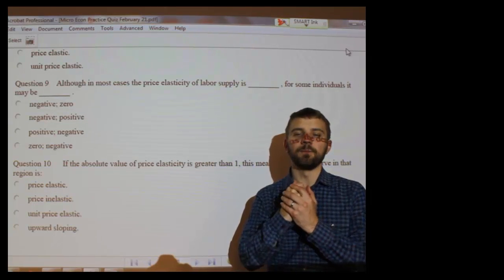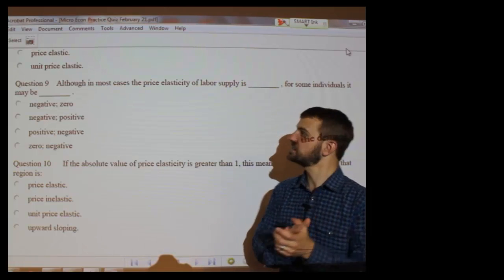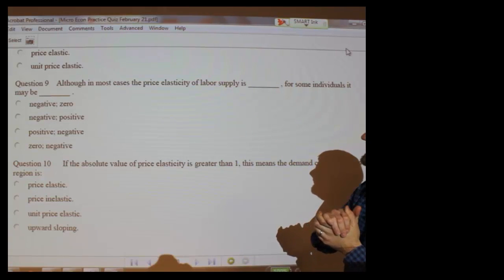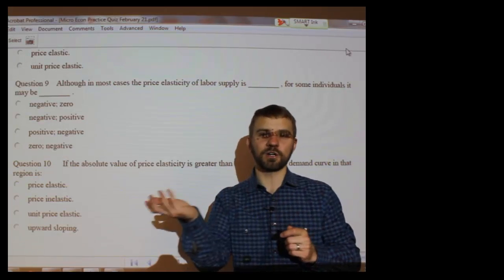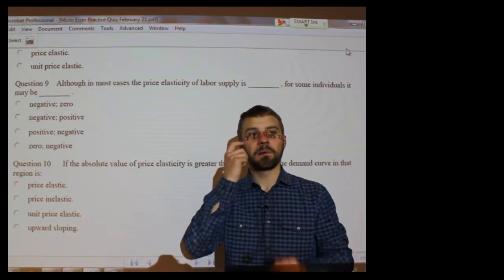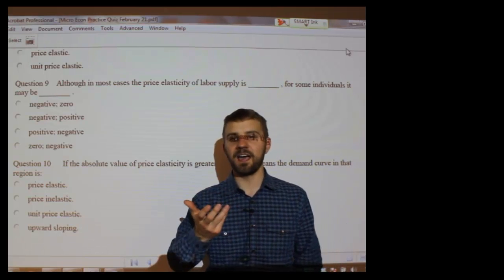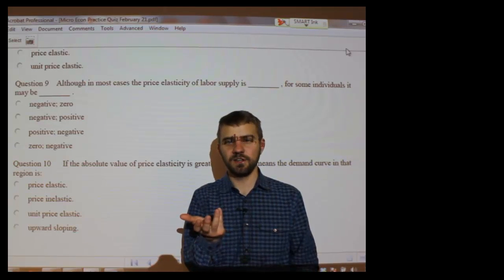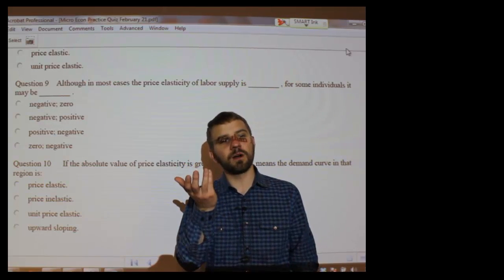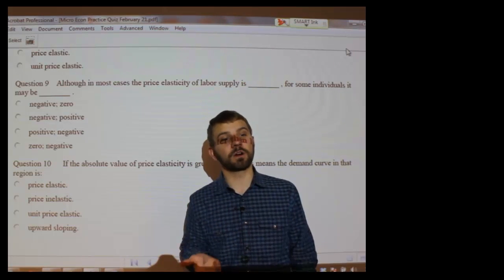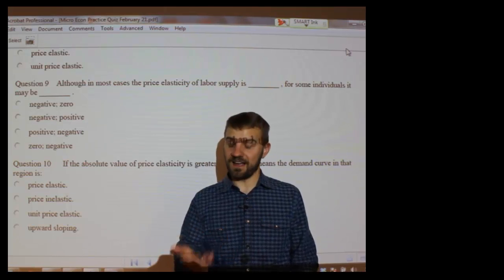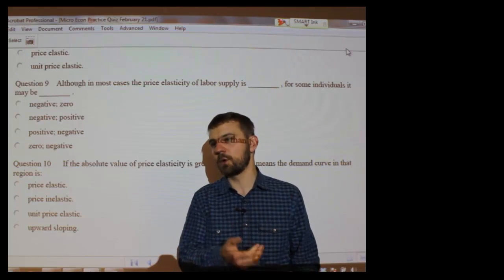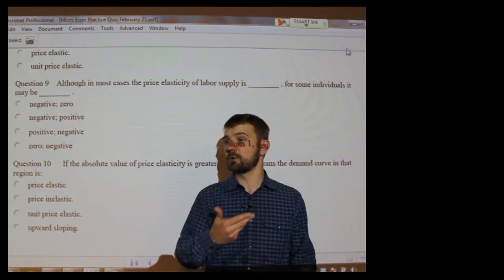So normally price elasticity of labor supply is positive, because if the wage goes up, people want to work more. But it's possible that if you already have a high wage, and the wage goes up even more, you might actually decide to work less so that you can go on more vacations and enjoy more leisure time. So economists have observed this in markets. When wage goes up, sometimes people actually work less.